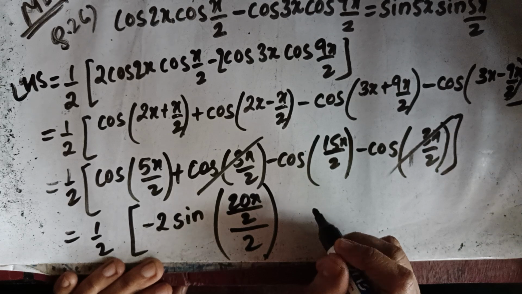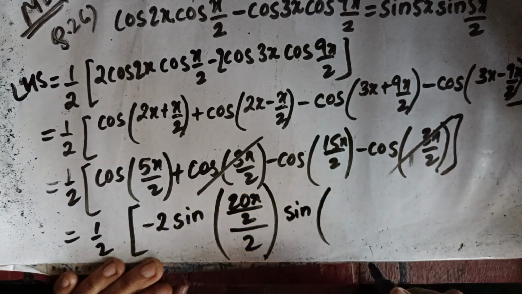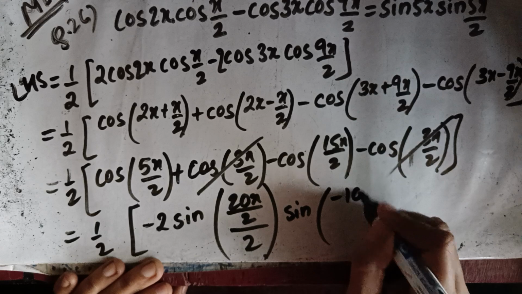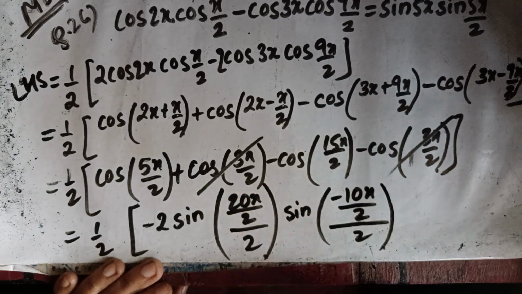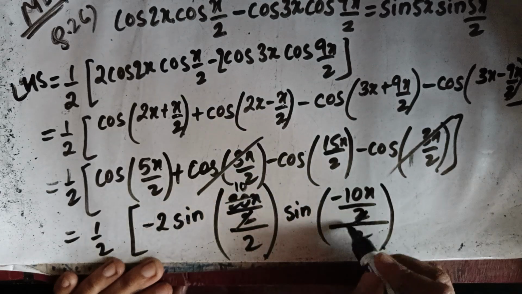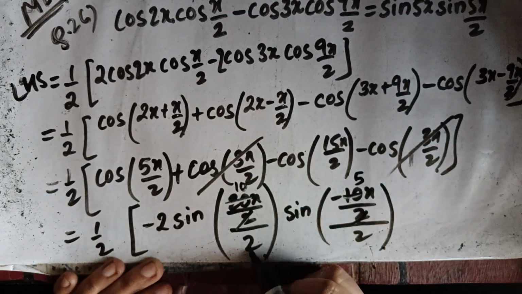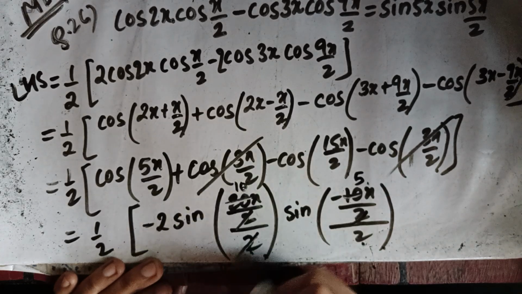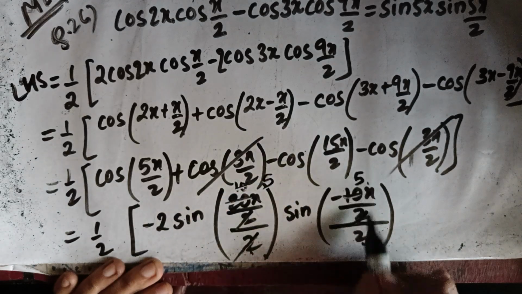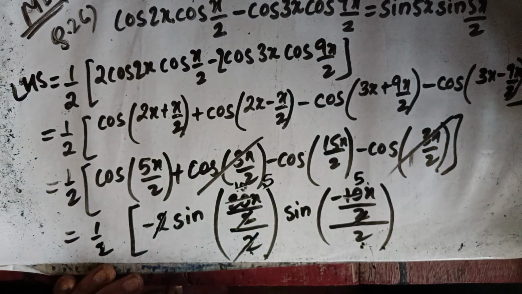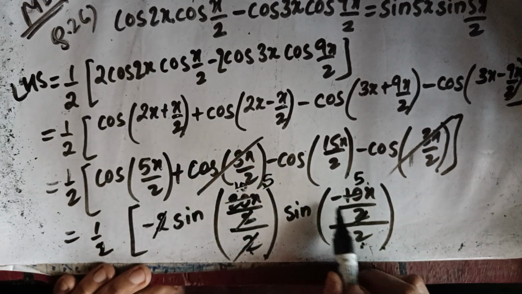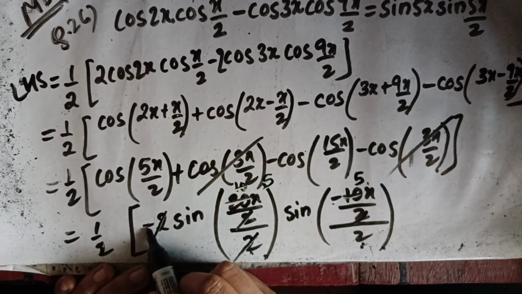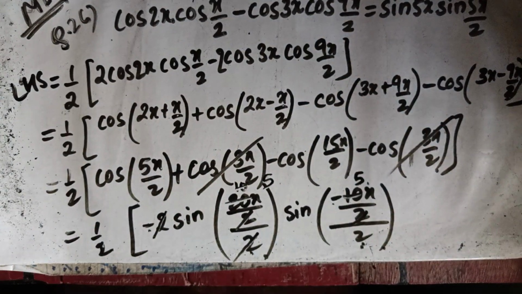And sin of (A minus B) by 2, 5 minus 15 is minus 10x by 2 divided by 2. So this is 5x and this is 5x by 2. The 2 and 2 you can cancel. And this minus sign comes outside and gets multiplied with the other minus sign, so this is positive. So we get the RHS.